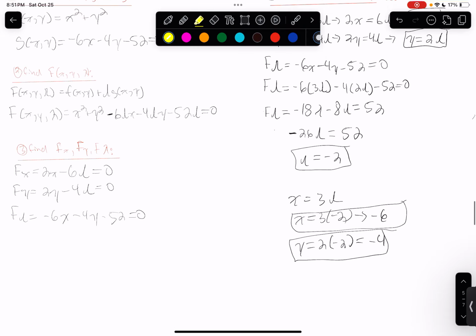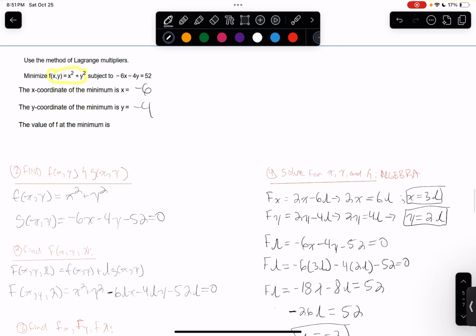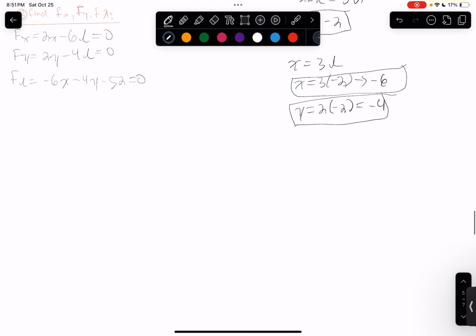So all we need to do, in this term, we do want to minimize too. So we're not maximizing here, we're minimizing, but same process. f of x, y equates to negative 6 squared plus negative 4 squared.